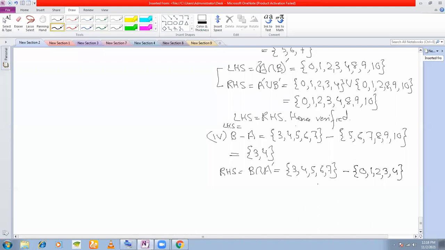Right? This is A complement. So what is the common element between these two? If you see, the common elements between these two are again 3, 4. So you see that the left hand side is 3, 4 and the right hand side also contains two elements only, 3 and 4. So left hand side is equal to right hand side, hence verified.